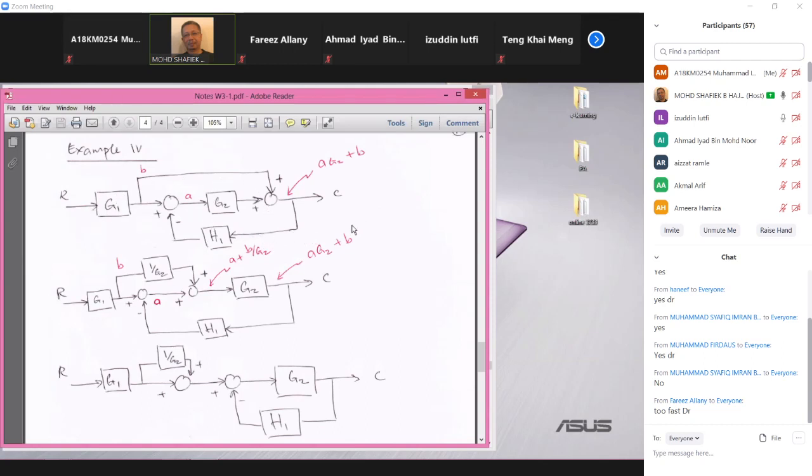Okay, you want a simplification. You want just a single block diagram that relates R and C. I'm willing to bet money that most of you won't be able to solve this. First time seeing this, you won't.